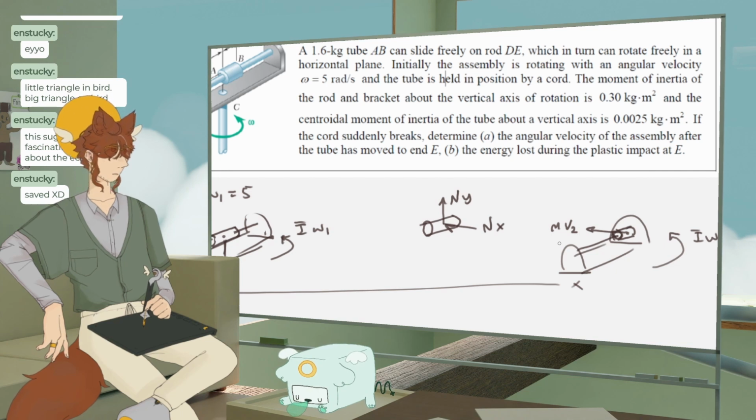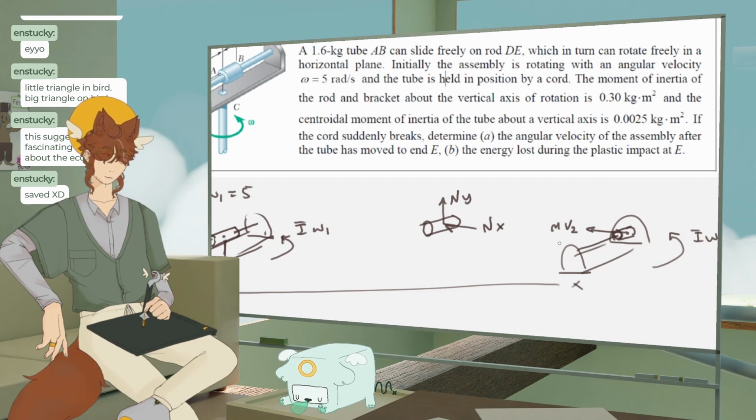But I'm worried because I think it's going to be the rod and the bracket, so it's not going to be exactly in the center. And I really don't want to have to figure out a... okay, no, about the tube.